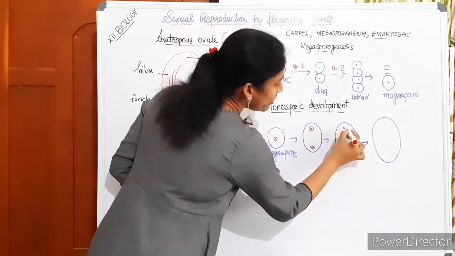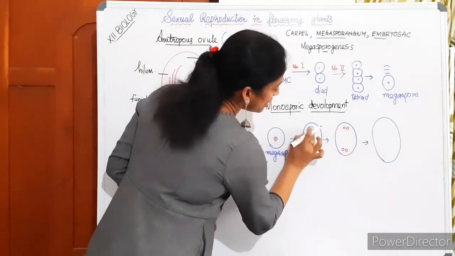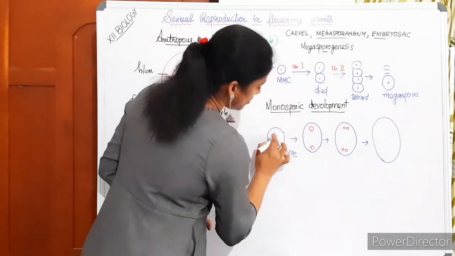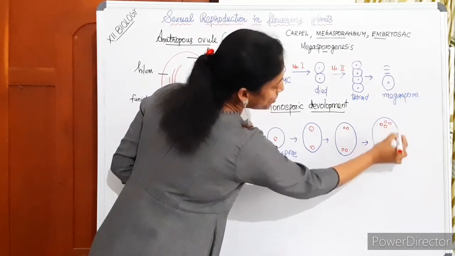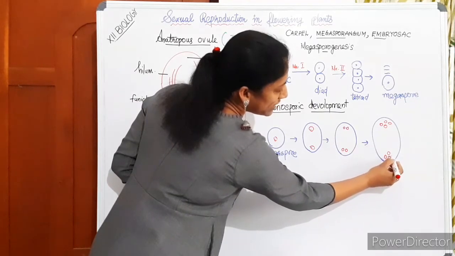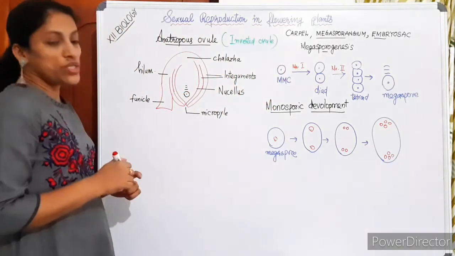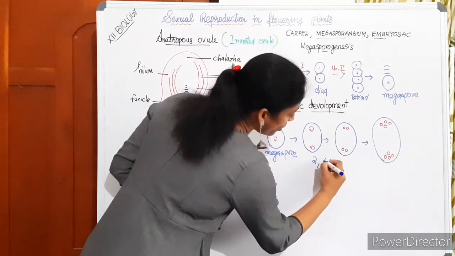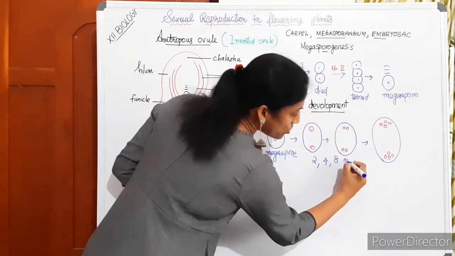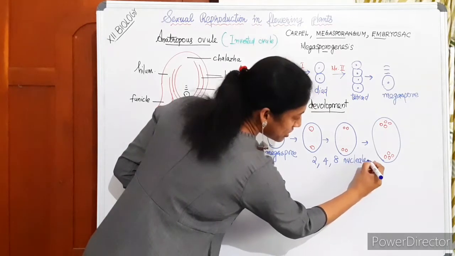A single cell will be having 4 nucleus. Here again it undergoes repeated nuclear division, means it becomes 8 nucleated. So it is forming 2, 4, 8 nucleated structures.